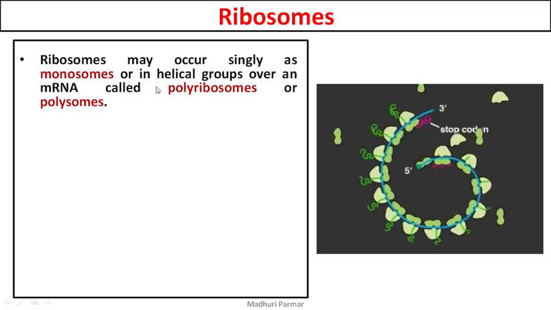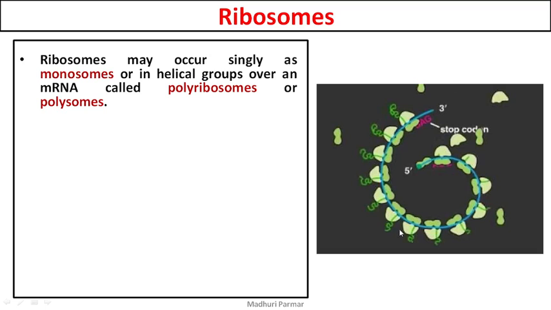Or they may occur in helical groups over an mRNA. You can see here in the diagram, this blue colored line is your mRNA, messenger RNA. RNA is single stranded, it only has one strand, and this messenger RNA contains the code, the message, the instruction to make proteins.